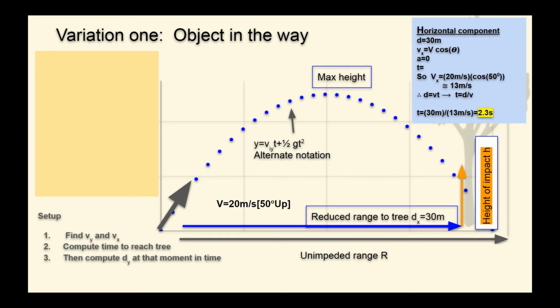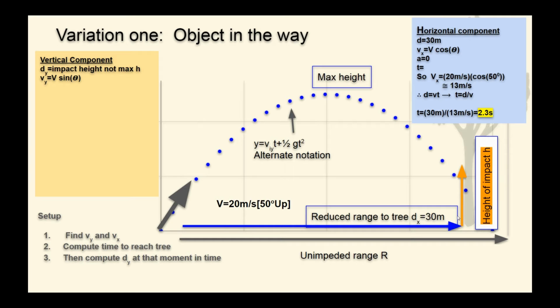Okay, so now, for the vertical component, the dy is no longer the maximum height anymore. We are computing the dy 2.3 seconds into the flight. So 2.3 seconds into the flight, it hits the tree. The dy is down here.